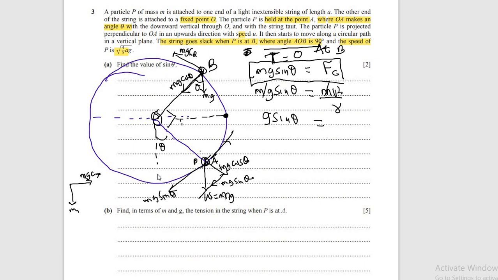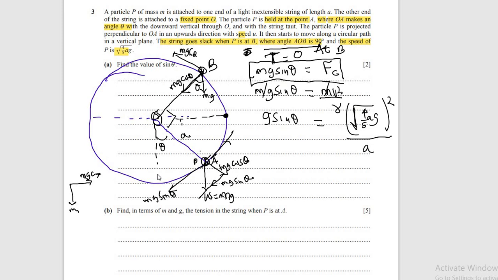The speed at that point is the square root of 4 over 5 ag, all squared, over the radius. What's the radius? The radius is a, the length of the string.